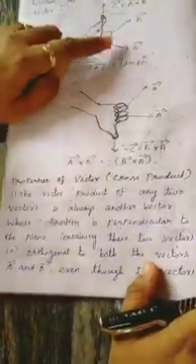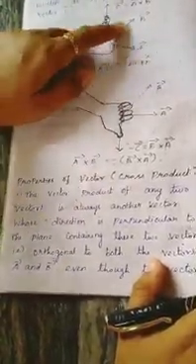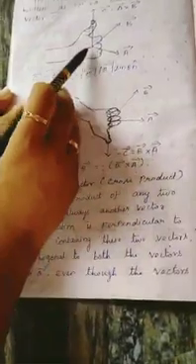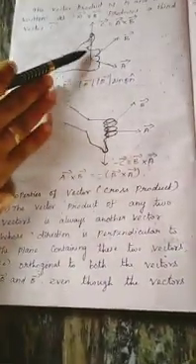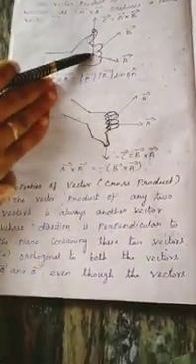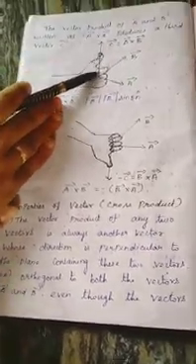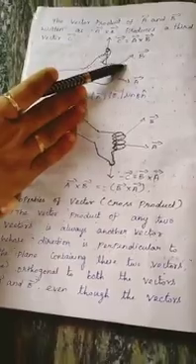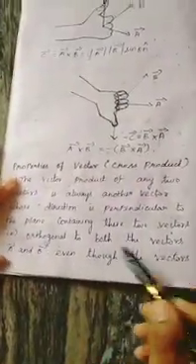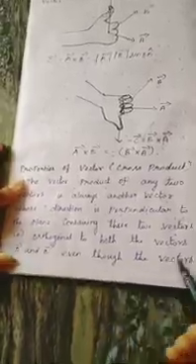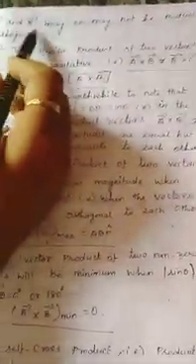So for any two vectors, if you take the product vector, C vector, it is perpendicular to the plane of vectors A and B. So that is orthogonal to both the vectors A and B, even though the vectors A and B may or may not be mutually orthogonal.